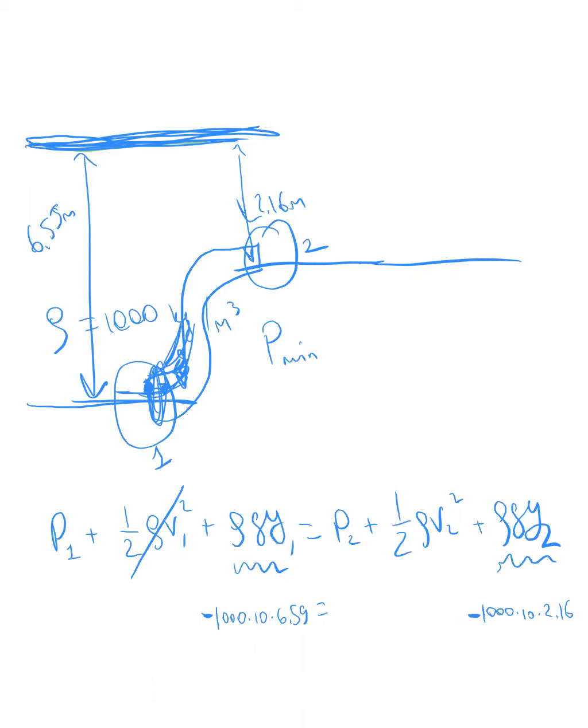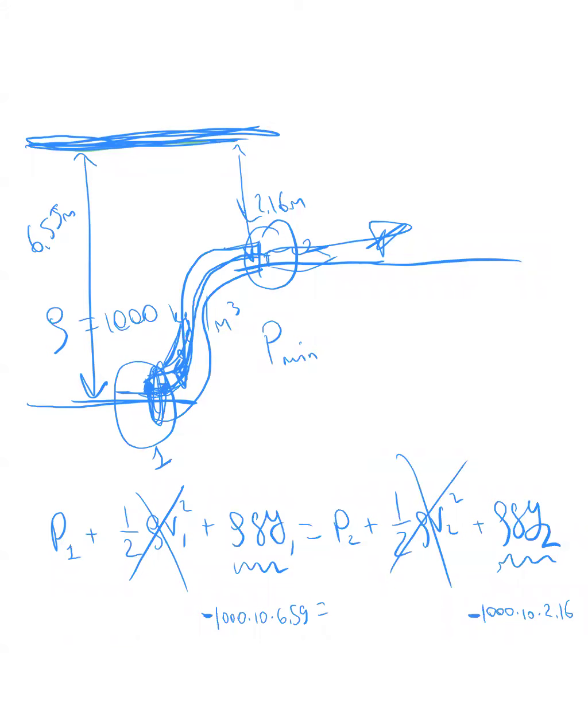So V1 I will set to 0. And for V2, I will also assume that as I'm lifting this water, it's not going to stream out with high velocity from this pipe. I'm just lifting it up to here, and then it kind of sits here, or maybe slowly moves. But V2 I will also set to 0.